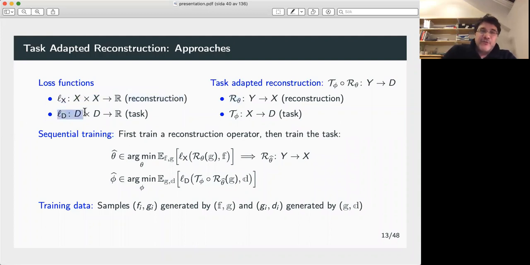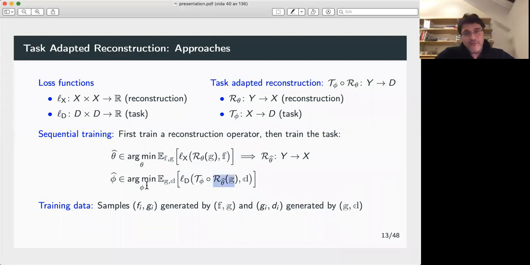You have a loss function for the task, for example for the segmentation, which comes into the game for defining the task operator, which is essentially doing a segmentation. So the sequential training will be that you do the best you can to train the Bayes estimator for reconstruction. And then when you train the task, you use the trained Bayes estimator for reconstruction as a fixed operator here, and you just train for the task.